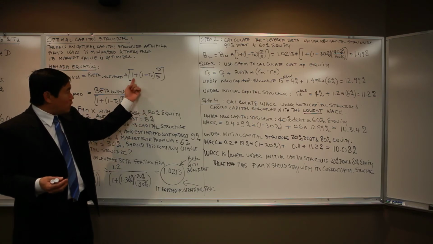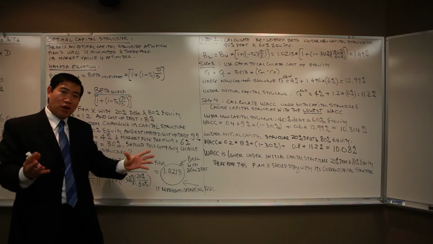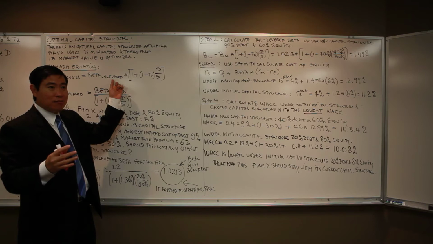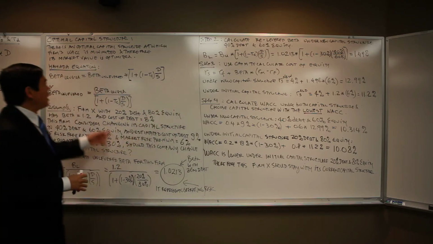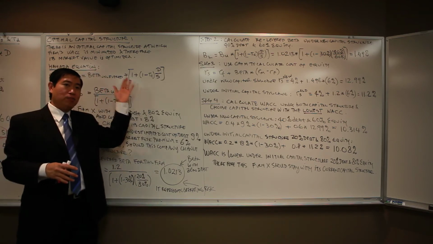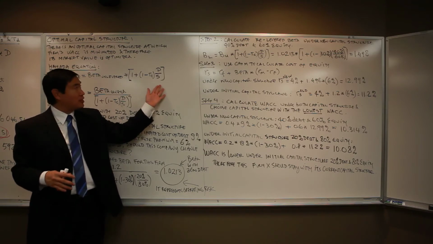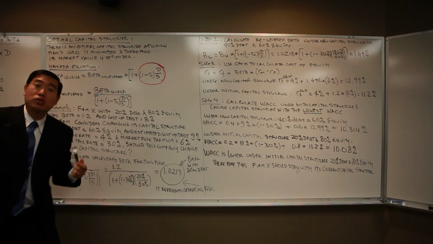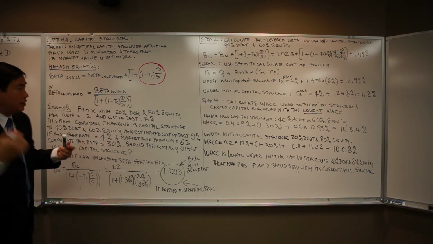The unlevered beta multiplied by 1 is the risk of the firm without debt, plus the unlevered beta multiplied by the after-tax debt-to-equity ratio. This comes from Modigliani and Miller with corporate tax that we discussed in the second theory.